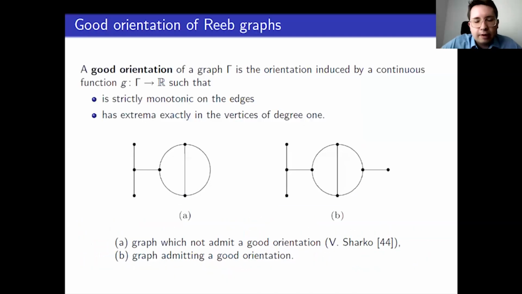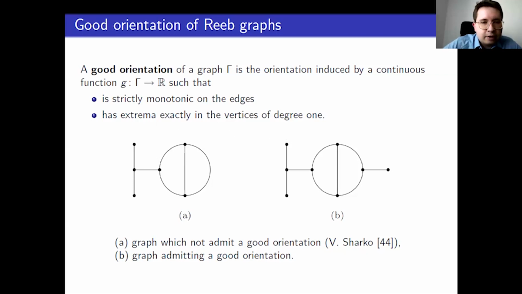So let us start with the first basic property of Reeb graphs. It is the so-called good orientation of a graph. This is an orientation induced by a continuous function which satisfies the following two conditions. First, it is strictly monotonic on the edges, and it has extrema exactly in the vertices of degree 1.